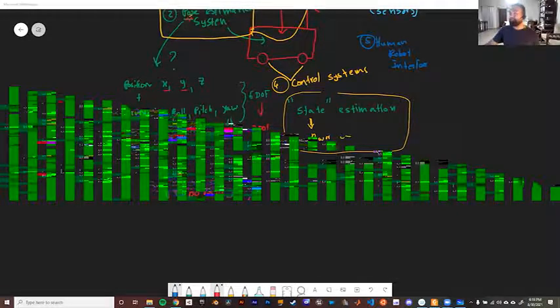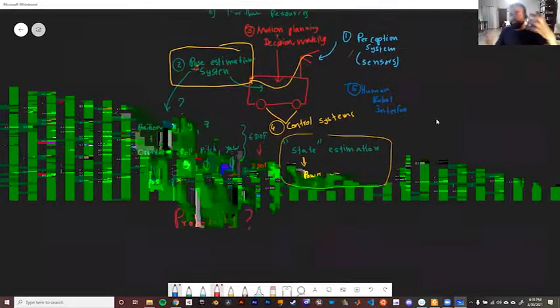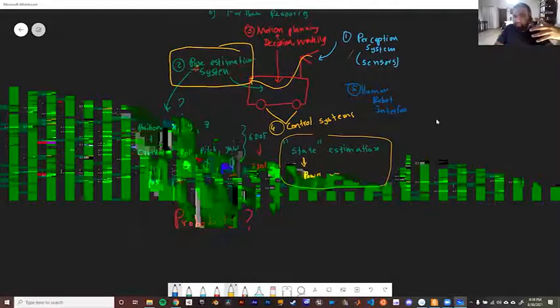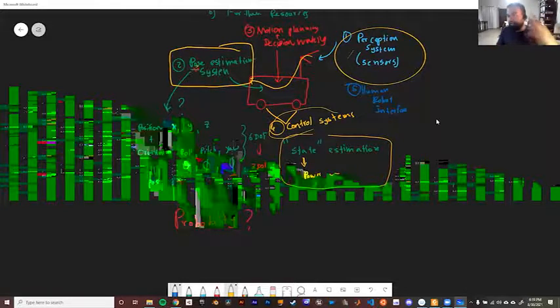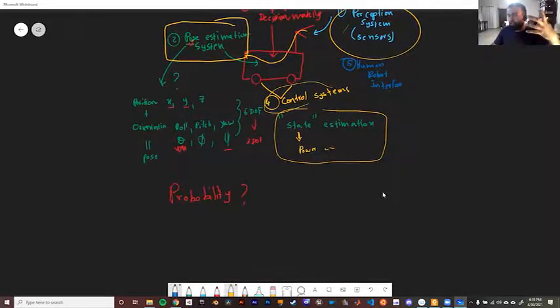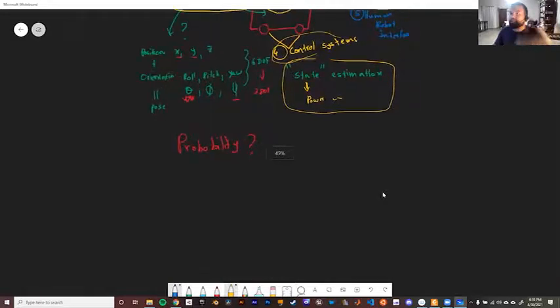So the reason probability is really important is when we talk about the main ways information is coming into the robot and going out from the robot, that is basically the perception system and the control systems. Both of those are never perfect. When you talk about sensors, there is so much noise in sensors. When you're using some sort of sensing equipment to measure something, even a ruler, it's not 100% accurate.